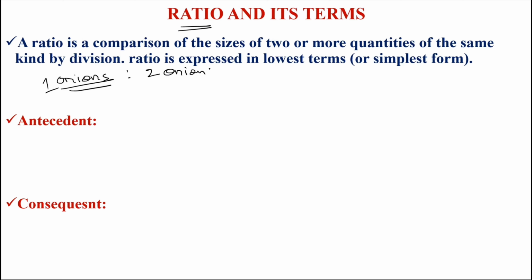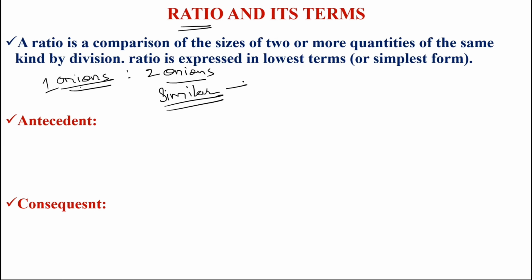We cannot compare the price of onions with the price of tomatoes in another market. We cannot compare the age of the students with the salary of the teachers. We cannot compare the height of the students with the salary of the teachers. We can compare only similar quantities.